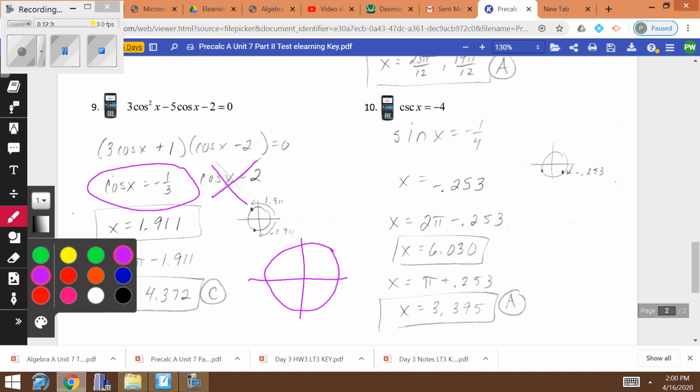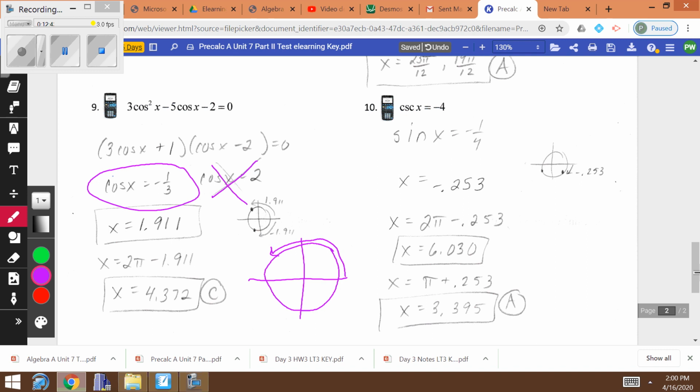A little bit sloppy, but 1.911 brings us somewhere over here in quadrant 2. That's what we're thinking about. We know the other place where the cosine is negative would be in quadrant 3. So if you did pi plus that, that would go all the way over here, and we don't want that answer over there. We want this answer.